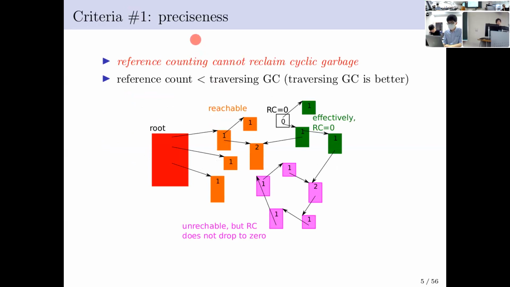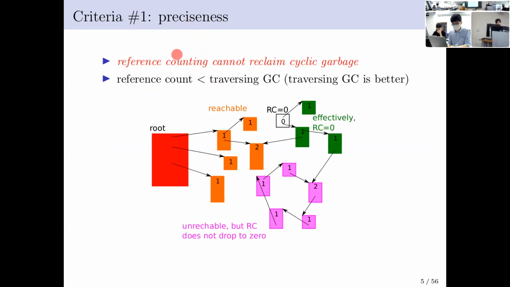So I'm going to go through the list again. The first one is what I call preciseness. Generally speaking, I'm going to compare reference counting and the traversing garbage collector.